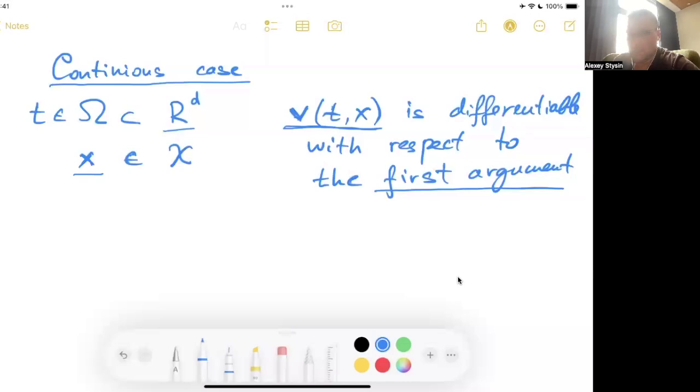Well, then it would just be a collection of differentiable functions, indexed by all those possible outcomes from the set of outcomes chi. But every function in there would be differentiable with respect to the first argument t.